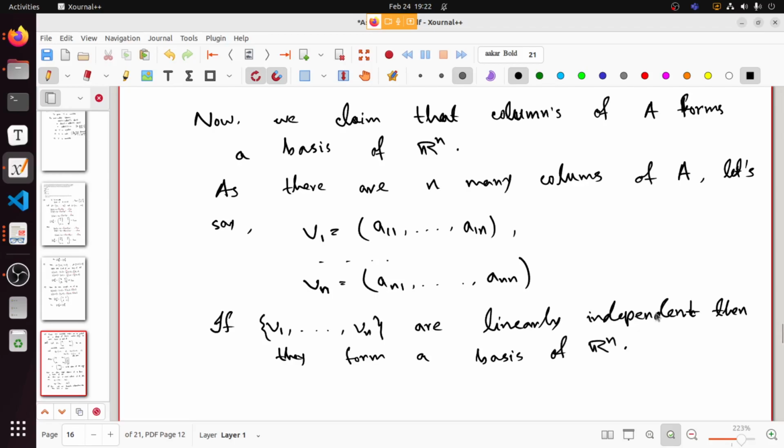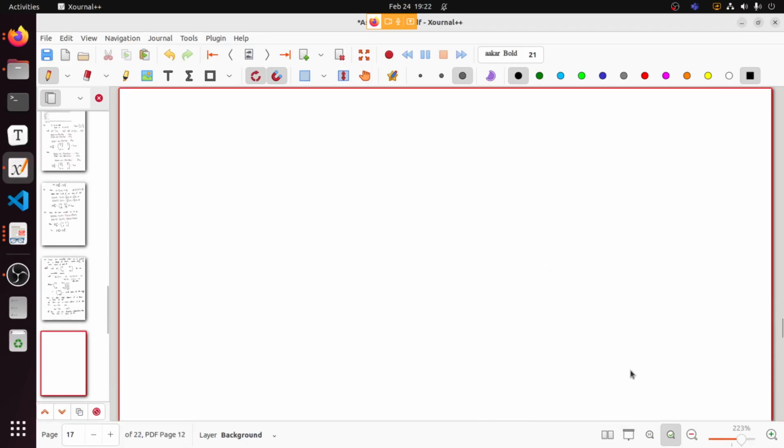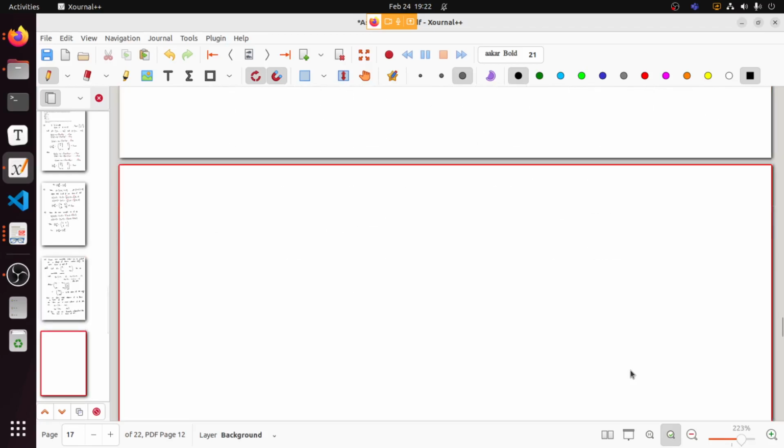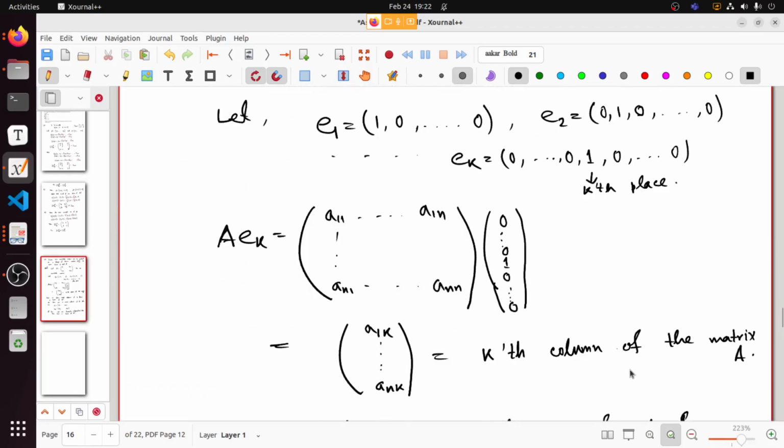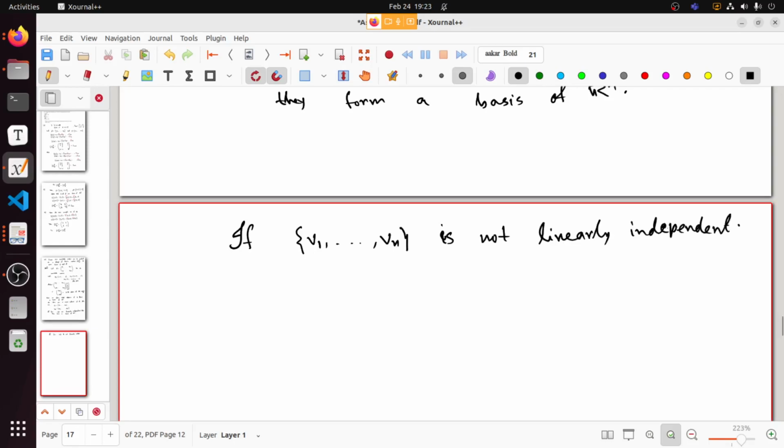We will show that they are linearly independent using the fact that A is invertible. Now assume, for contradiction, that they are not independent. If v1 ... vn are not linearly independent, then what will happen?